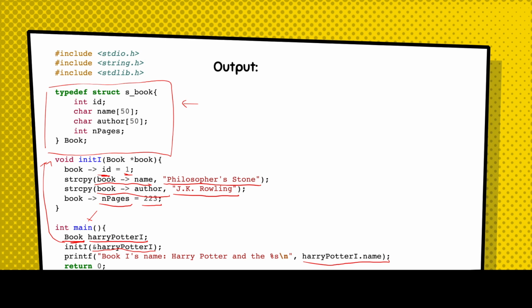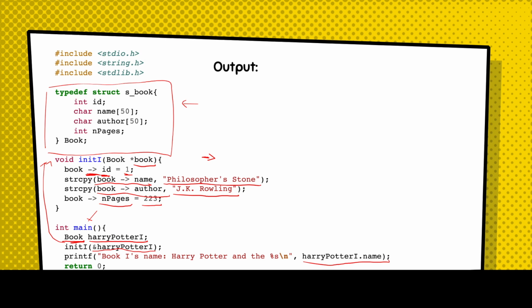One thing that you may want to pay attention to is that here, in order to index the field inside the struct, it uses an arrow. This is because variable book is a pointer. It's a type of book star instead of just book.